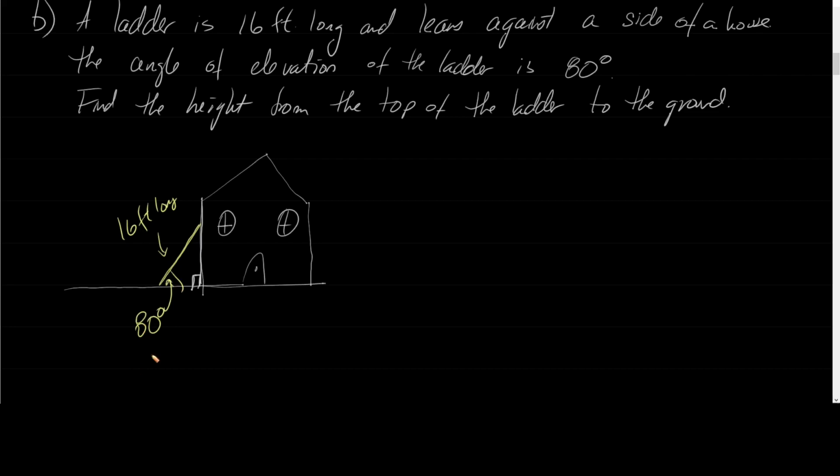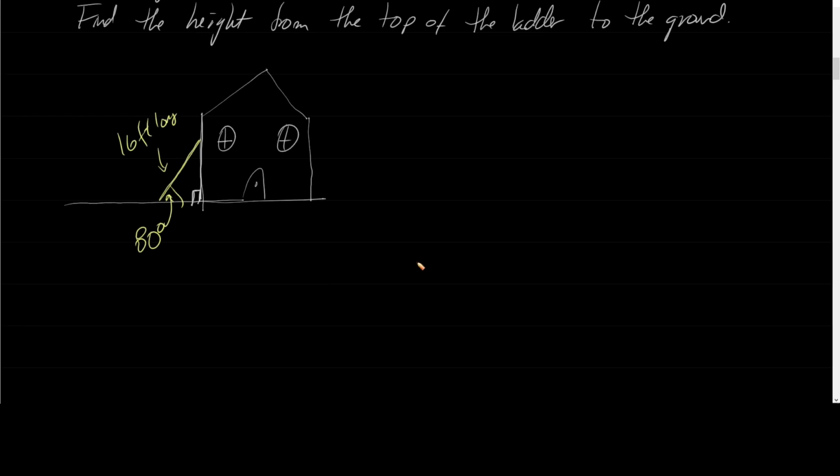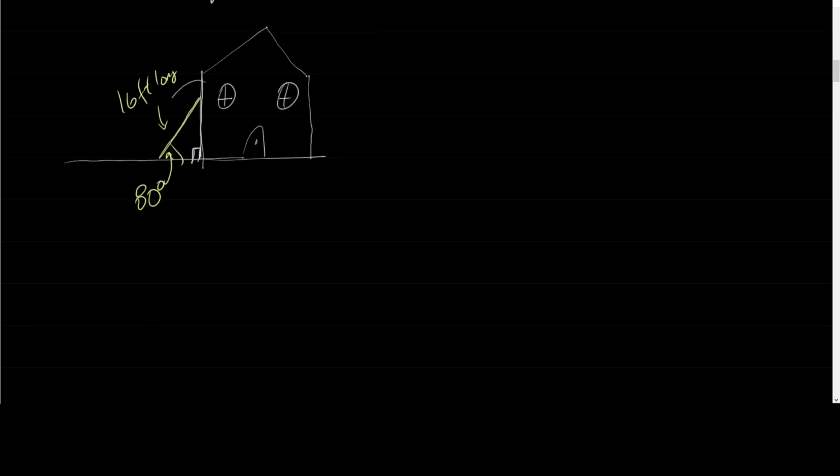All right. So essentially what we've got here is just a triangle, if I just look at this piece right here. Let's draw that better. We've got this triangle, and down here it's 80 degrees. Over here this is 16. And the question is, what is this height, right? Because the question was, what is the height from the top of the ladder to the ground? So that is the height there that we're looking for.